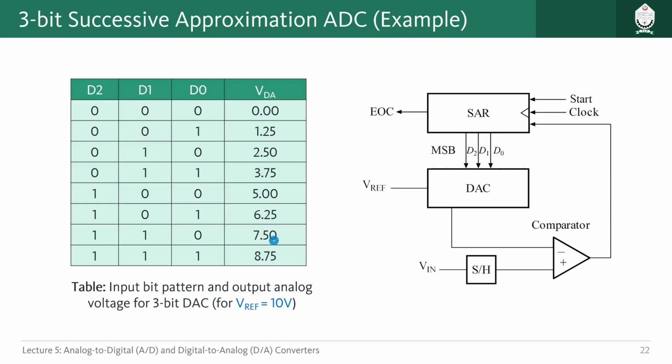Just understand that for a particular digital input, the DAC outputs a specific value, because with this output pin we cannot output a range of values like we had for quantization in the case of ADCs. Here we just get one voltage, each of them 1.25 volt higher than the other. Time and time again we will return here to get the corresponding analog output of the digital values, right?